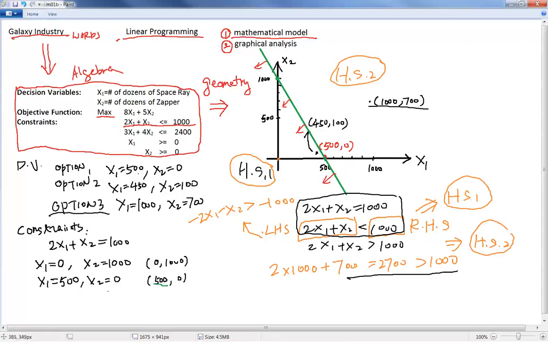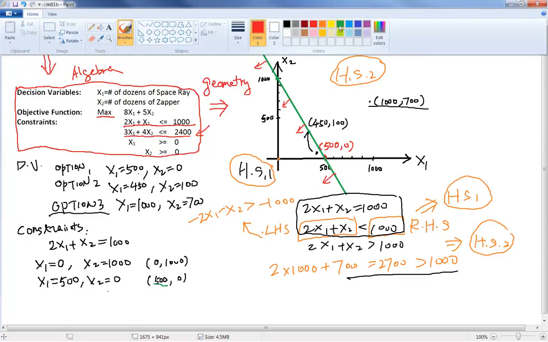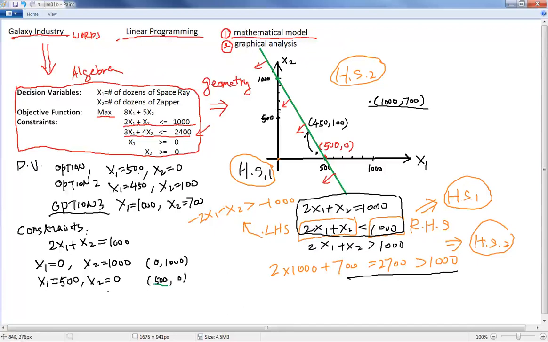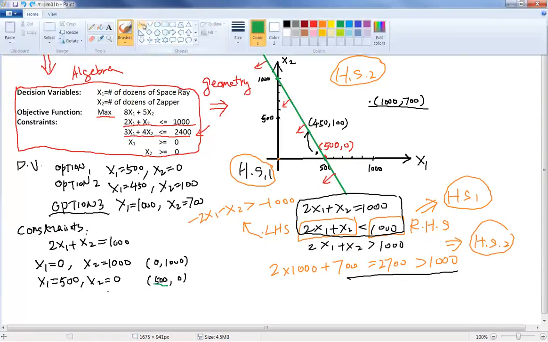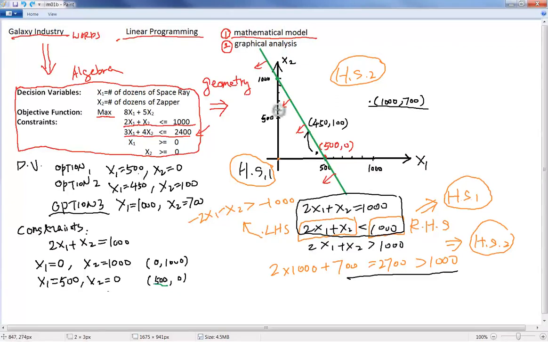Similarly, we could apply the same method to identify the geometric representation corresponding to the second inequality. I will leave it for you to try yourself, but I will show you where the line is located. Let's still use the color green, and it will be located between this point and here, about 800.